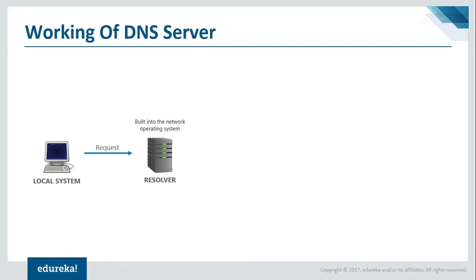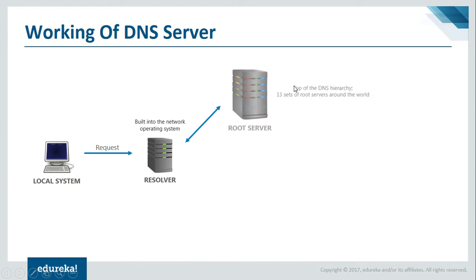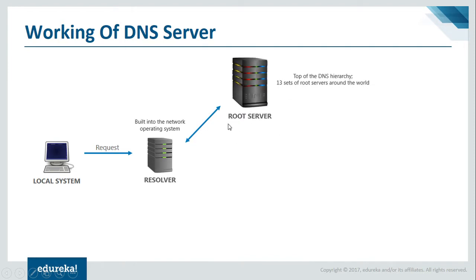In the hierarchy of DNS servers, the first we have is the root server. After the root server we have two other servers: the TLD servers, and then the authoritative name servers. Before I explain the other two, I want to first explain what a root server is. The root server is going to be at the top of your DNS hierarchy, and in fact there are just 13 sets of root servers around the world.